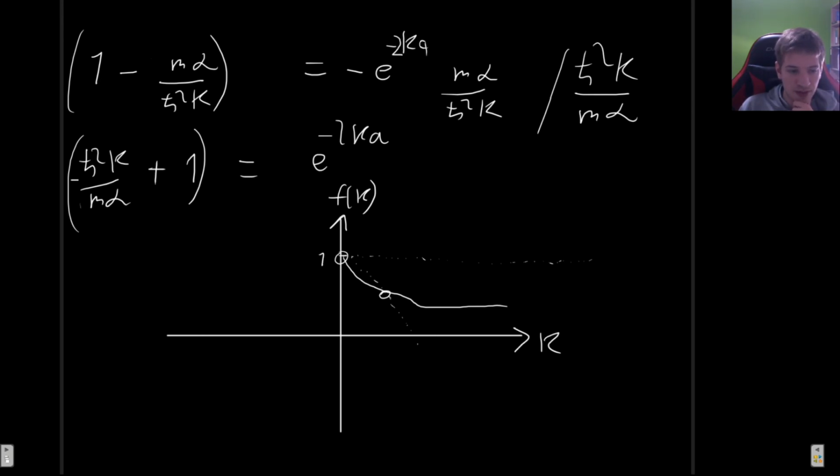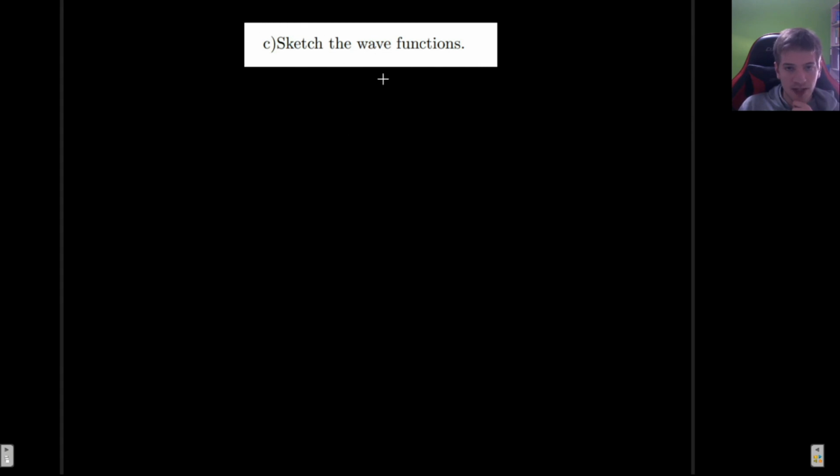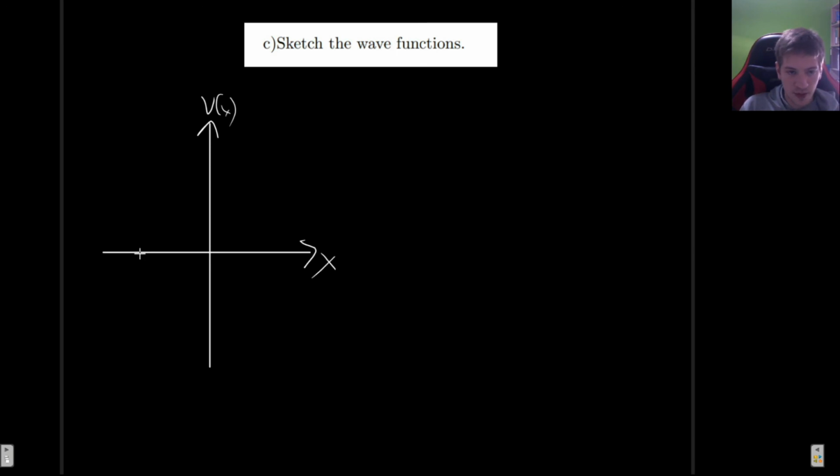And there is one last part. They ask us to sketch the wave functions. So that means sketch the odd and the even solutions. Let's just go ahead and do that quickly. So this is going to be our potential of x. We know that the potentials have this shape right here.